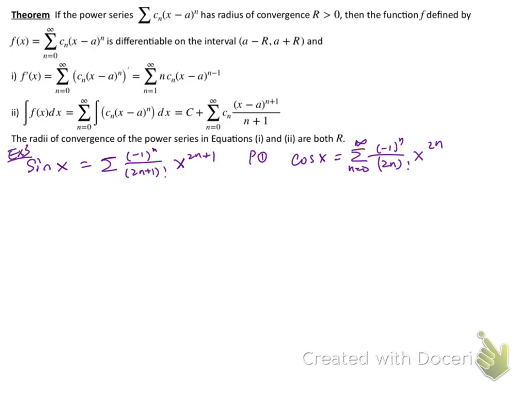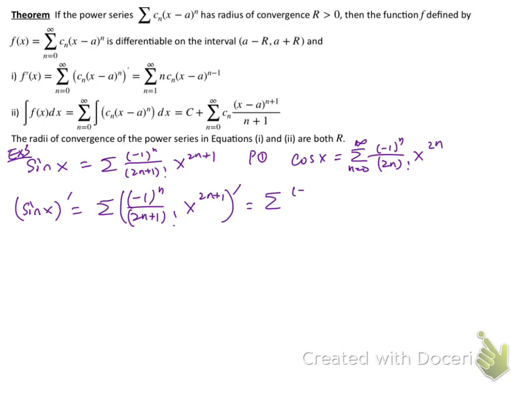Because here I gave you these two questions to work out, because I want you to see the connection. If you take the derivative of sine, you should get cosine, right? In particular, if you take the derivative of sine x, by the theorem, you know that you can take the derivative term by term. It will be (-1)^n over (2n+1)! times the derivative of x^(2n+1). Then you do the sum instead of doing the derivative this way, okay? And that is the derivative with respect to x. So n doesn't matter.